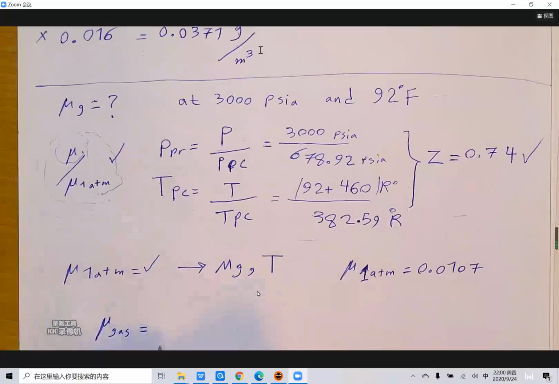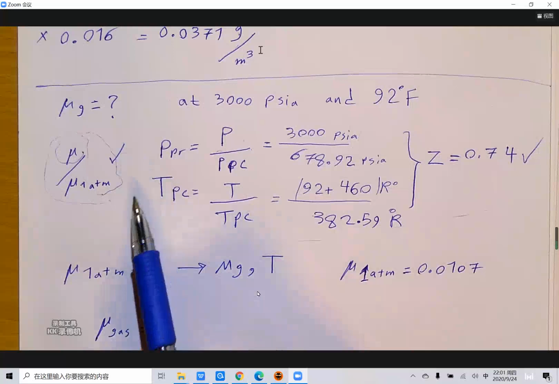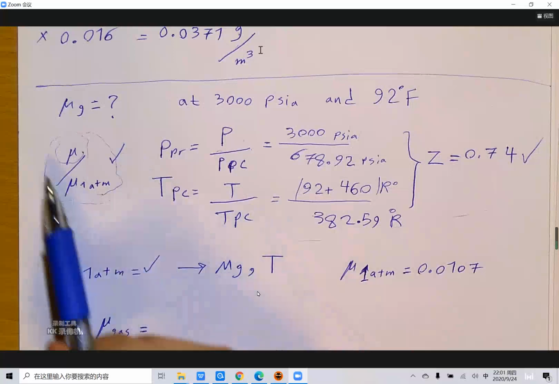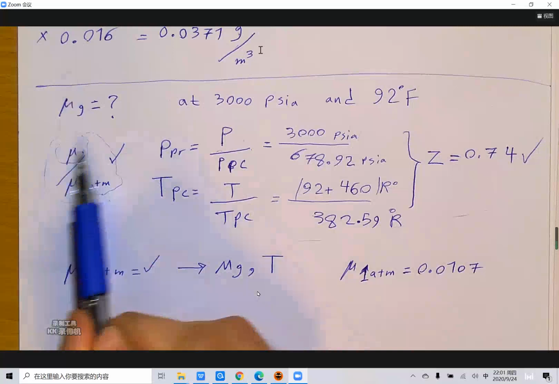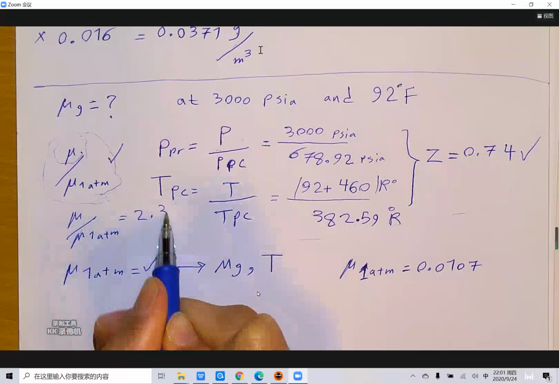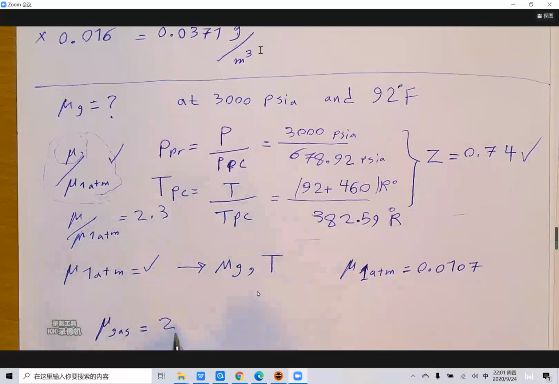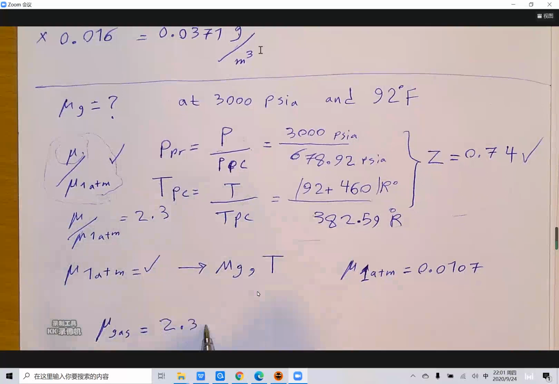The viscosity of the gas is... I didn't write this ratio yet, so just let me. It was 2.2. So multiplying these two values, this one and this one.